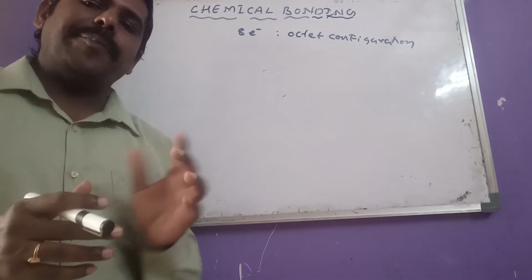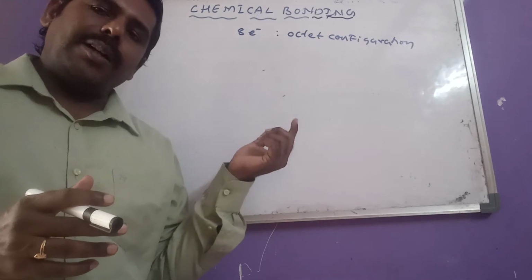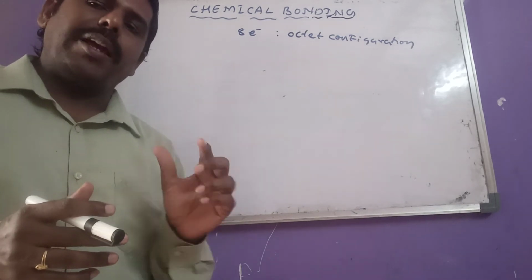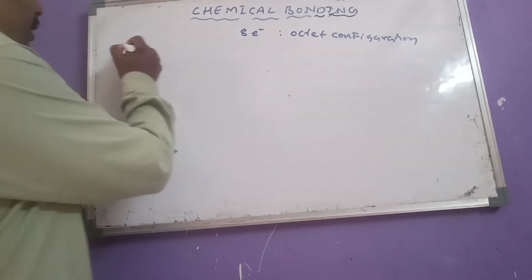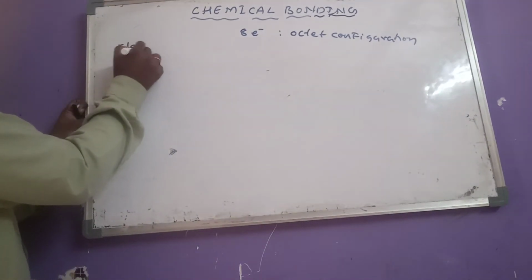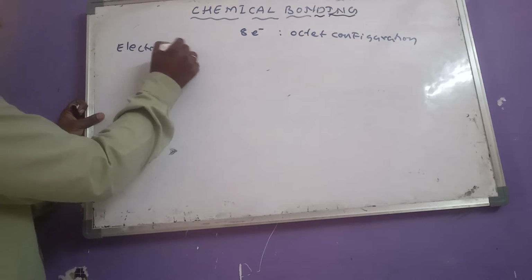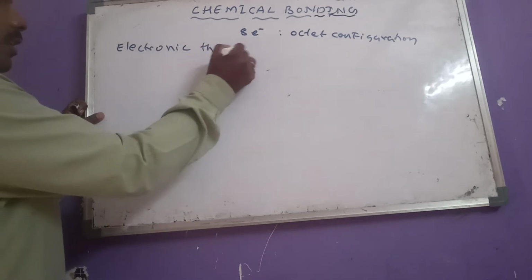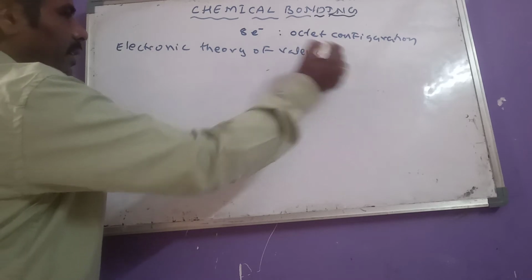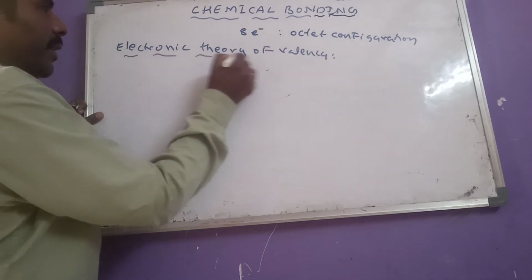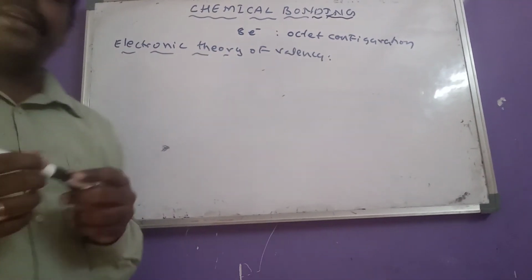Now that process of bonding is explained by the electronic theory of valency. Lewis and Kossel proposed this electronic theory of valency. So what are the statements in the electronic theory of valency?